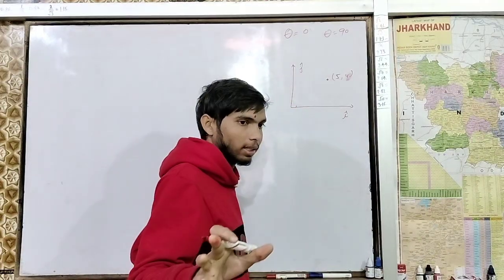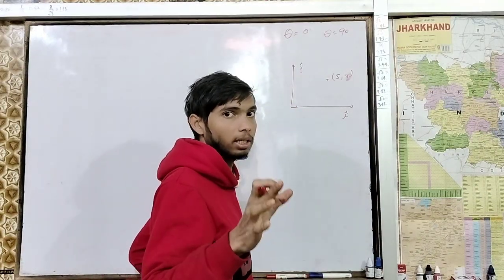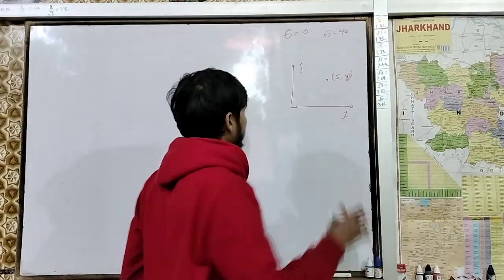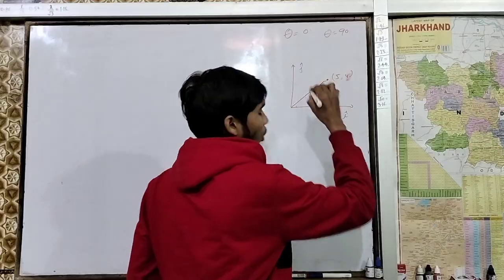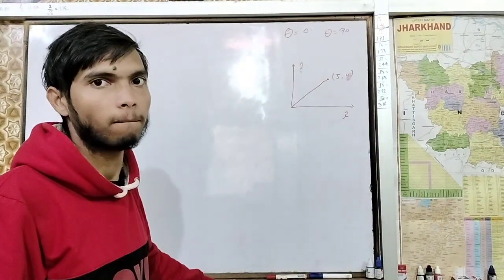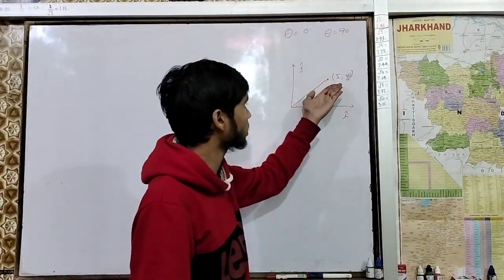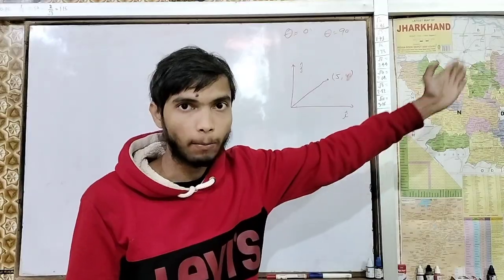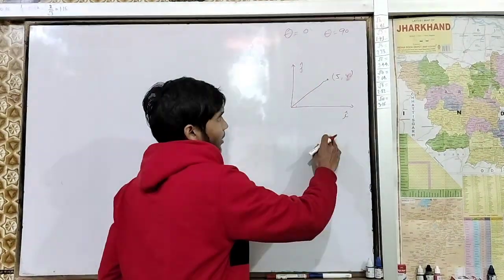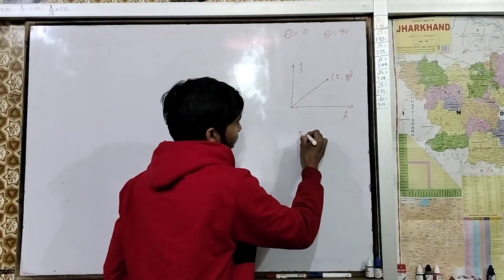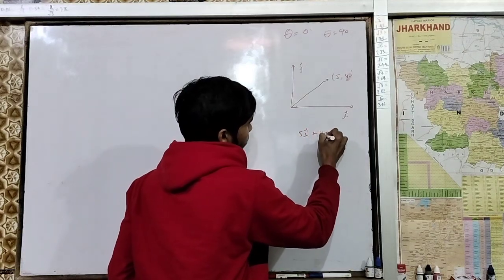I would say you are correct. That is how we communicate with the given coordinates according to this origin. We found the location, which is 5, 4. But in the language of a vector, this will be written as 5 i cap plus 4 j cap.